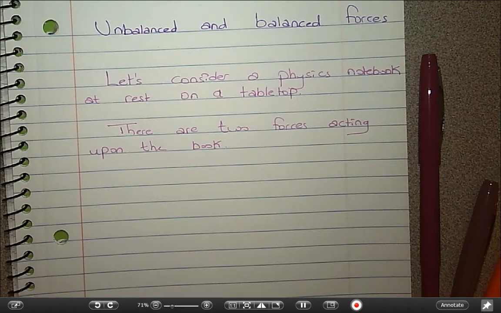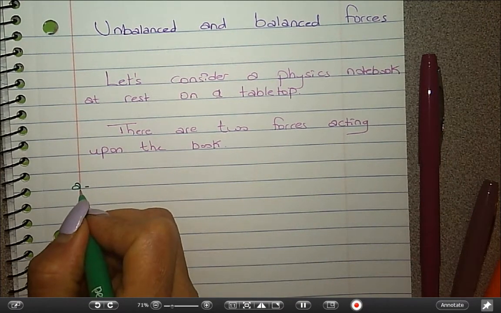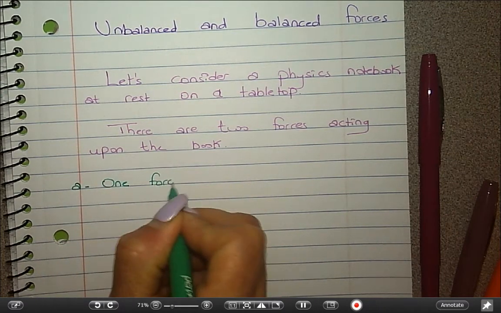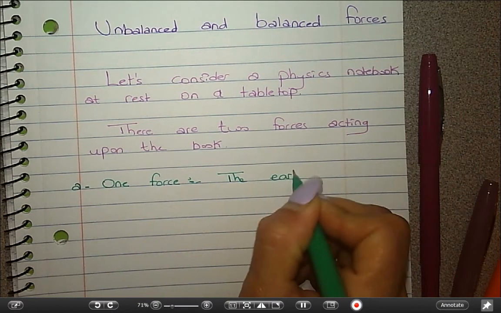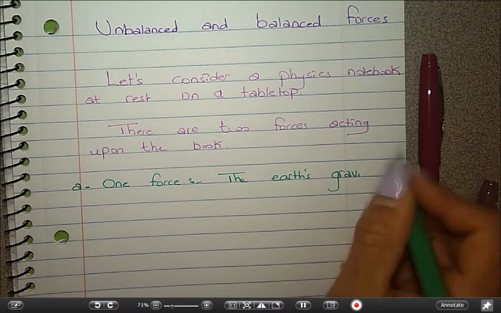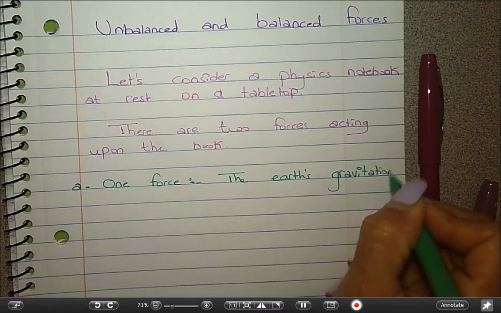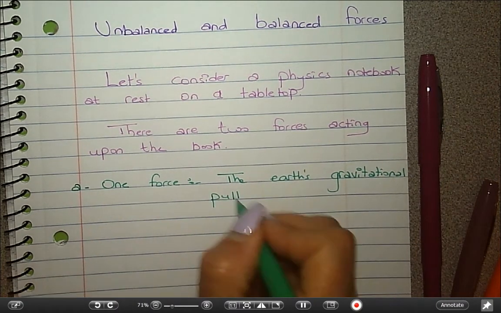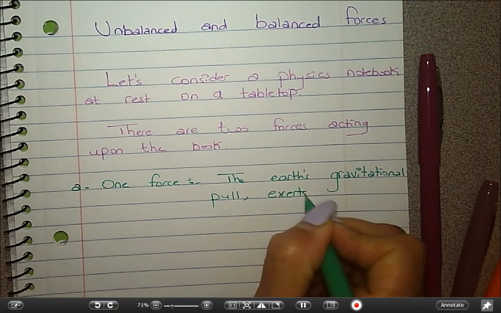So force one is what we call the Earth's gravitational pull, and this is pulling downwards.